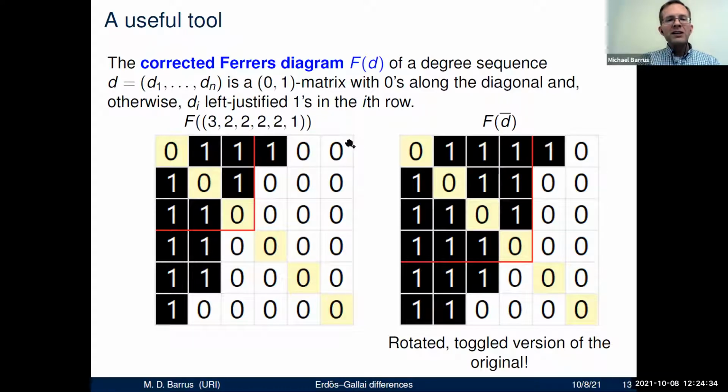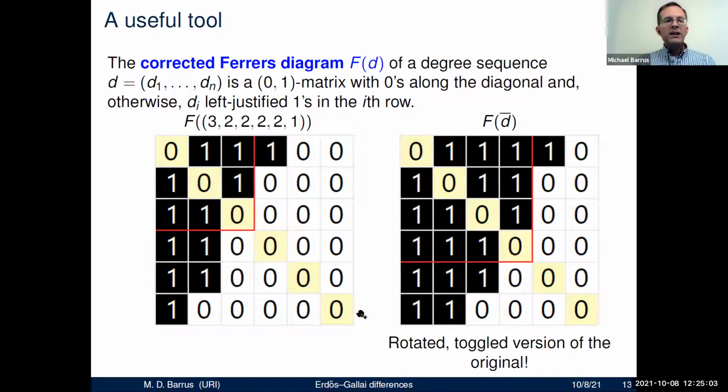What I'll do for the remaining entries is fill in the rows with ones according to what the degree tells me. So in the first row, I'll take a look at that first three, and I'll put 3 ones in the first spots that don't interfere with the main diagonal. Then for the second row, I'll put 2 ones. Again, I make way for the main diagonal, but the first 2 spots otherwise are filled in with ones. And I'll do the same for all of the other rows. And then I'll fill the remaining entries with zeros.